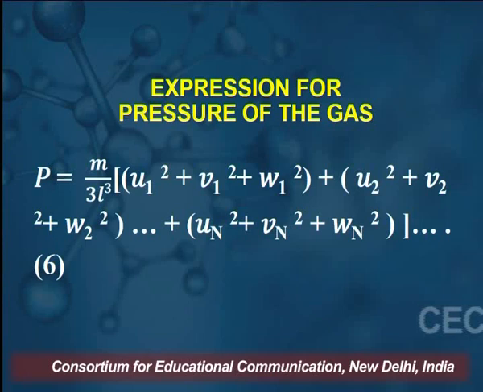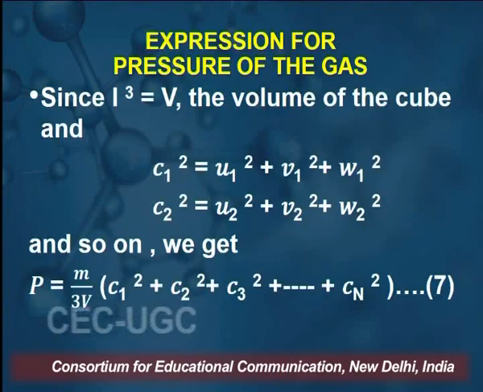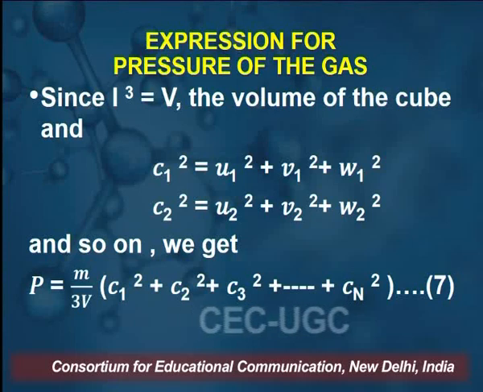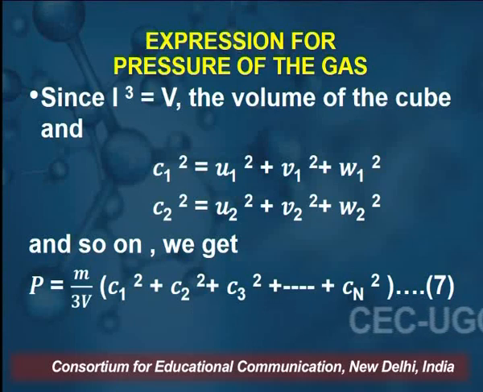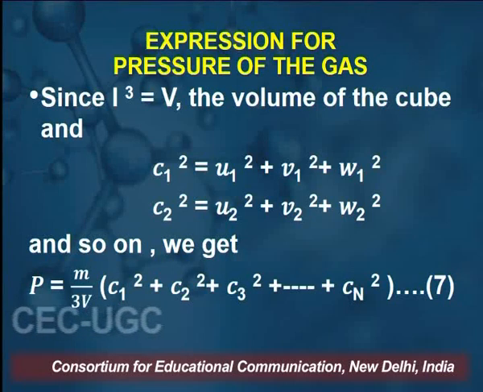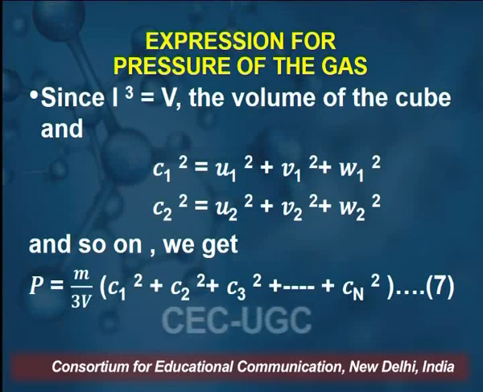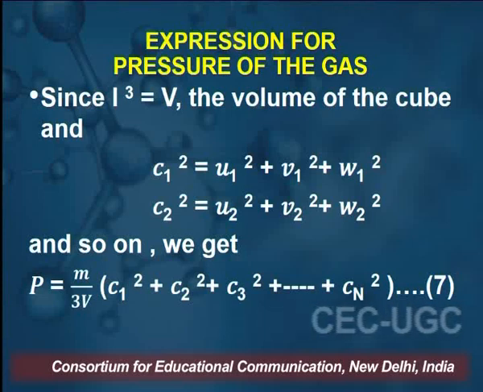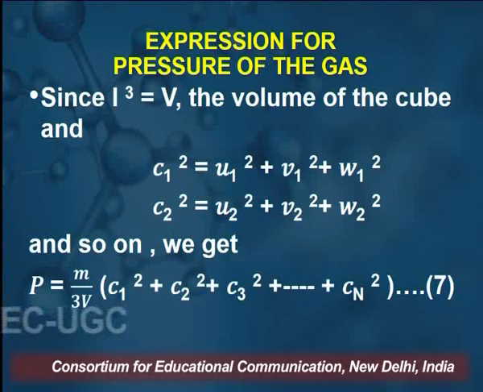In this expression, we have clubbed u1 square plus v1 square plus w1 square in one bracket, u2 square plus v2 square plus w2 square in another bracket, and we have done this for all the cases. Since L cube is equal to V, the volume of the cube, instead of L cube we can write V. Moreover, c1 square is equal to u1 square plus v1 square plus w1 square, c2 square is u2 square plus v2 square plus w2 square, and so on.